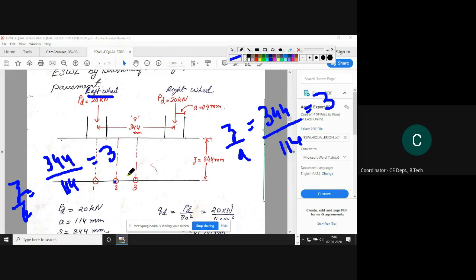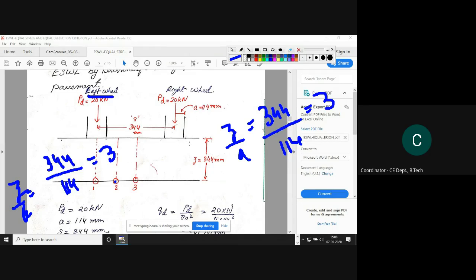Similarly for point 3 also, we will get z by a equals 3. Why? Because they are all at the same depth, and the contact radius is a constant value, which is 114 for all the points. So obviously z by a will be the same for all the points, either in the left wheel condition or the right wheel condition.